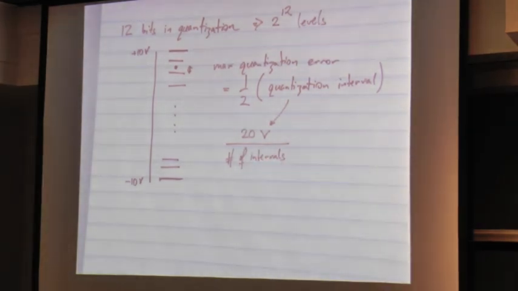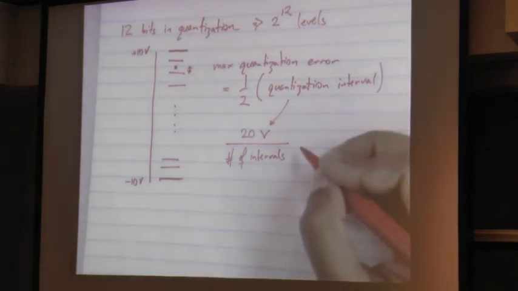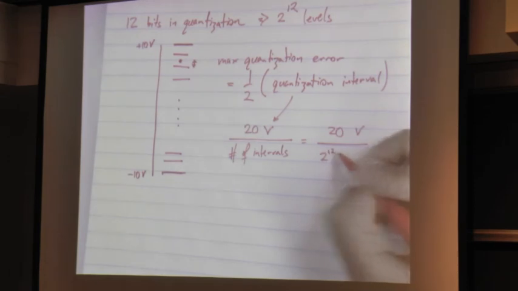Right, I write down number of intervals there because it turns out that the number of intervals is not equal to 2 to the 12, which is what was suggested. It's equal to 2 to the 12 minus 1. Okay, so that is 20 volts divided by 2 to the 12 minus 1.